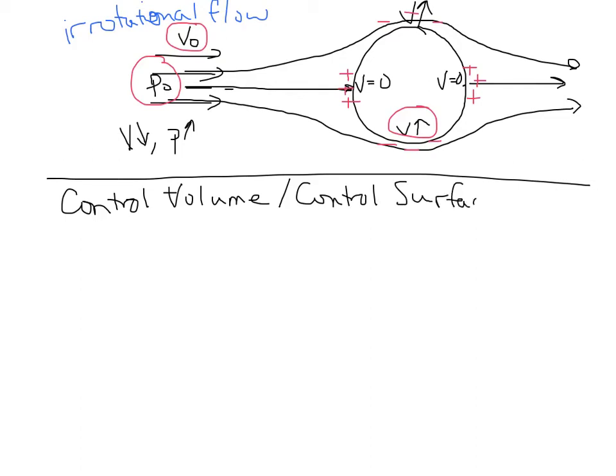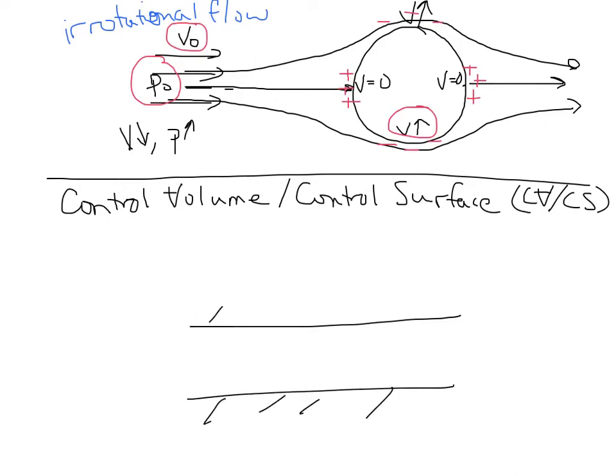The control volume, which I denote as CV, and the control surface, as CS, are both made up of a volume sitting in space, which I'll denote in blue here, through which fluid moves. So the control volume is inside this volume. The control surface is the bounding limit of the control volume.